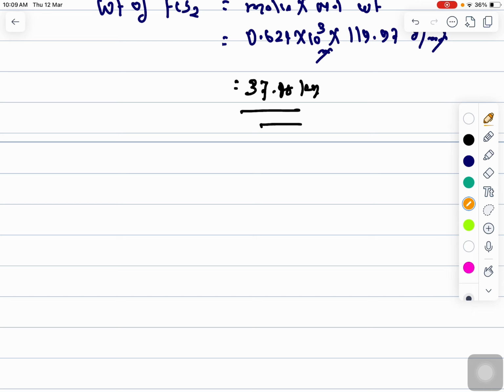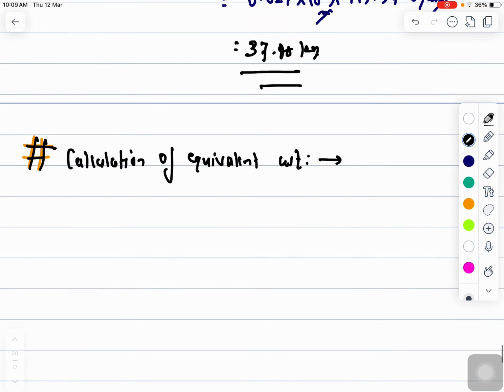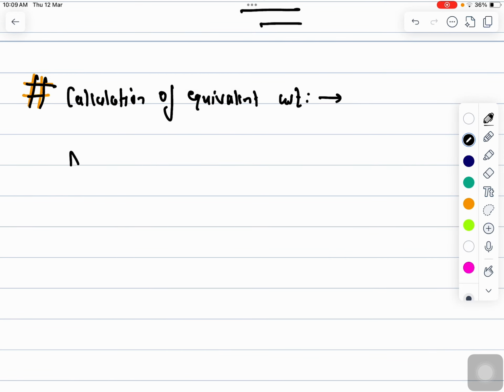Now further we'll be moving towards the calculation of the equivalent weight, right? Like how we calculated the number of moles, it was weight divided by molecular weight, right?